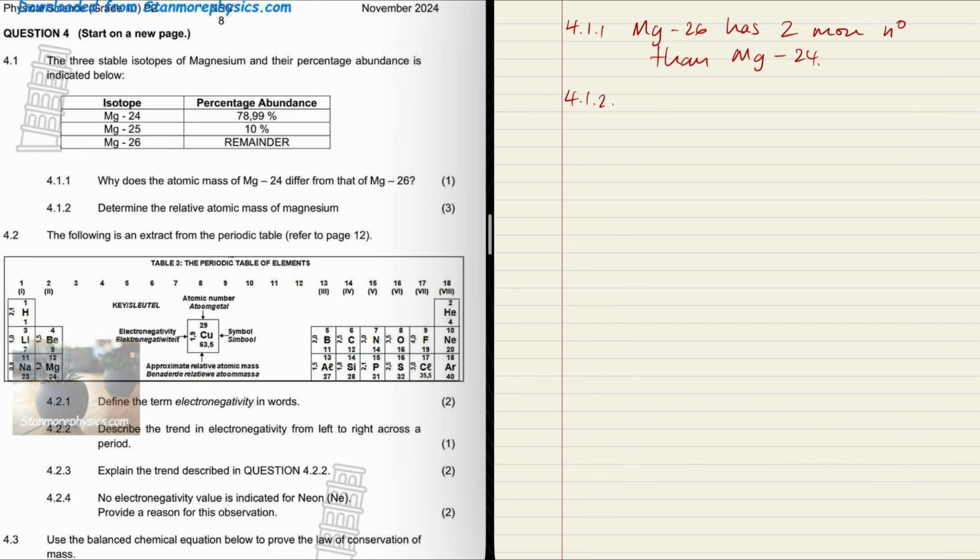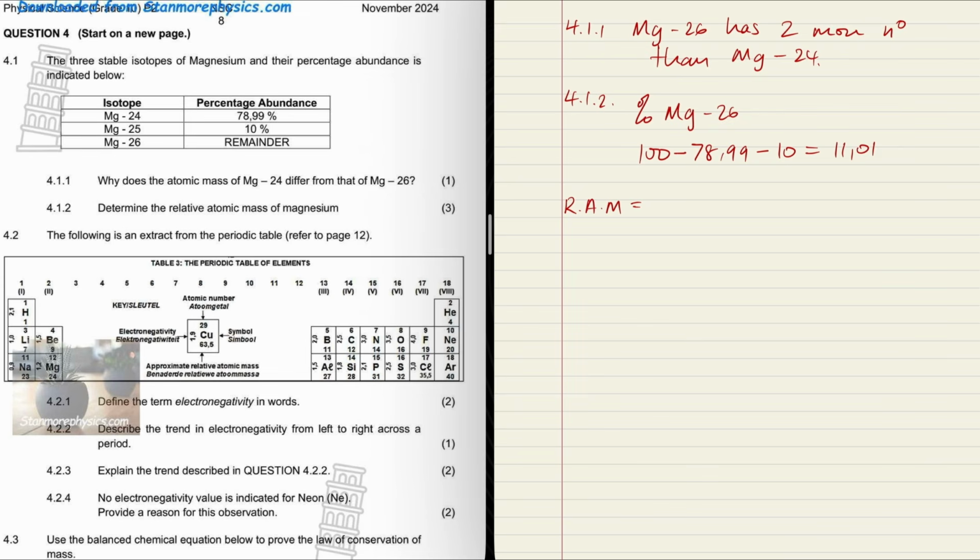Question 4.1.2 says determine the relative atomic mass of magnesium. The first thing we need to do is figure out the percentage for Mg26. So the percentage for Mg26 is going to be 100 minus 78,99 minus 10, and that's going to equal 11,01%. Now to calculate the relative atomic mass, or the RAM, you take the mass multiplied by the percentage and then add that to the next mass and its percentage, and so on.